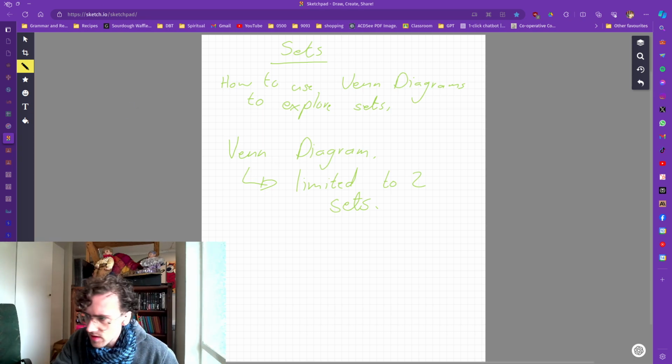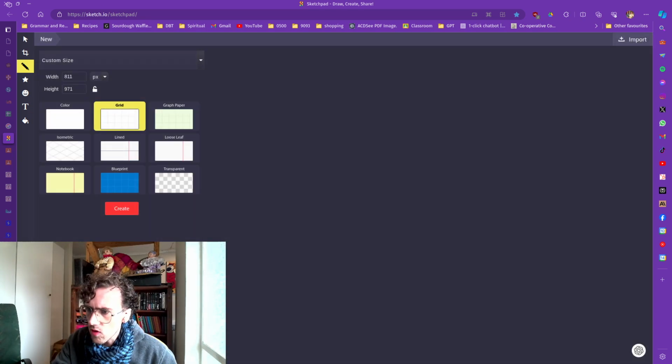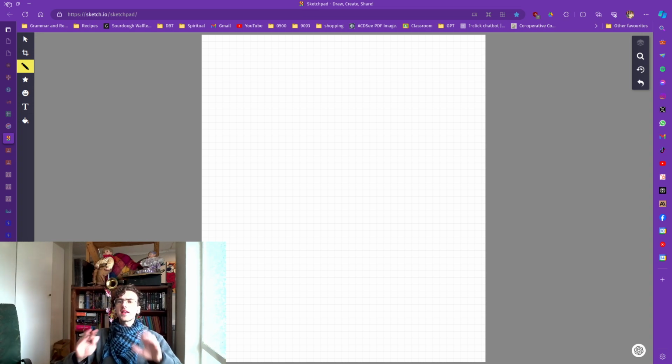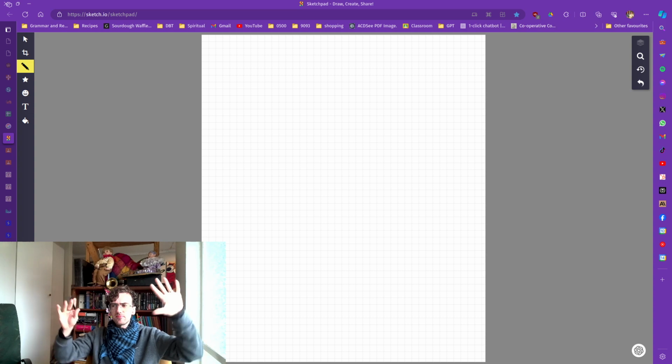Okay, so let's start off with the number of elements in a set. Actually, let's first explain what is a Venn diagram. A Venn diagram is a visual way of representing and understanding a set, which basically, let me show you.